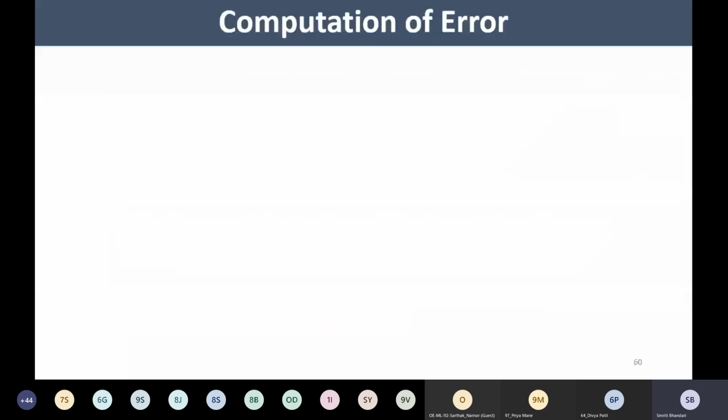So how am I going to compute the error? We have several ways to compute this error. Let me give you the very first way. This kind of error computation is known as absolute error.